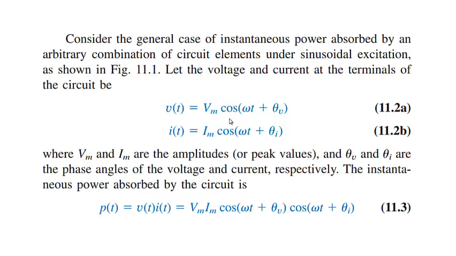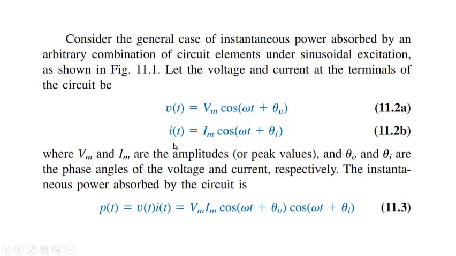Theta V is related to the voltage, and i(t) is Im cos(omega t plus theta I). This is the angle of the current with respect to some reference, and this is the angle of the voltage with respect to the same reference, where Vm and Im are their respective peaks.